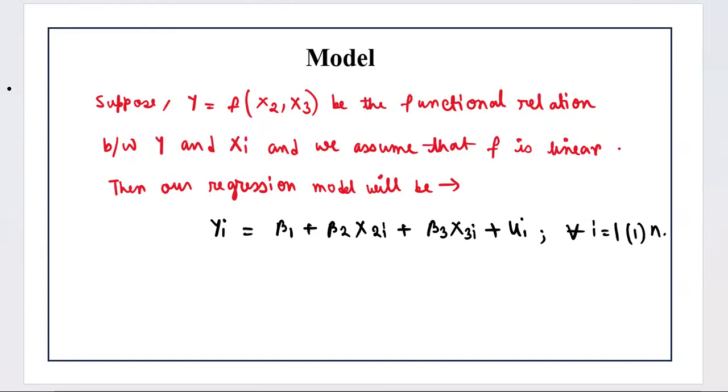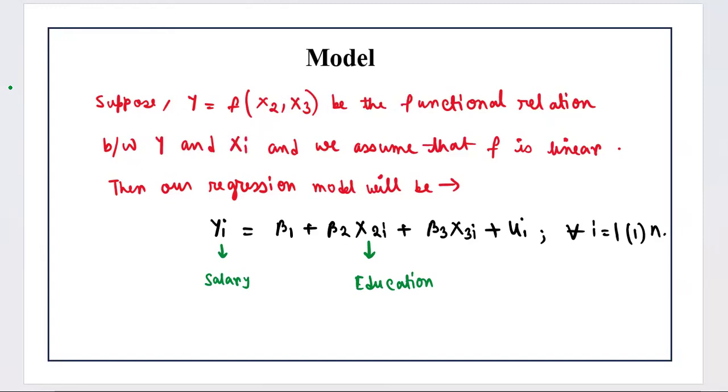See here, you have one dependent variable yi. Suppose, for example, the dependent variable is salary, and it depends on two independent or explanatory variables. What explains salary? The first could be your level of education. Suppose x2i is the level of education. I'm just giving you an example. yi is the salary.